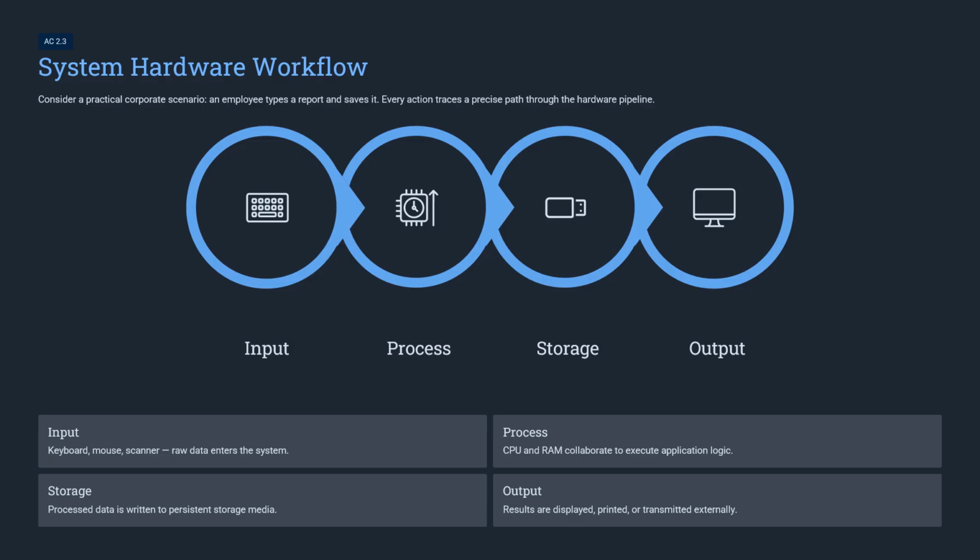The CPU and RAM execute application logic. Third, storage. Processed data is saved to persistent media. And finally, output, where results are displayed or transmitted.